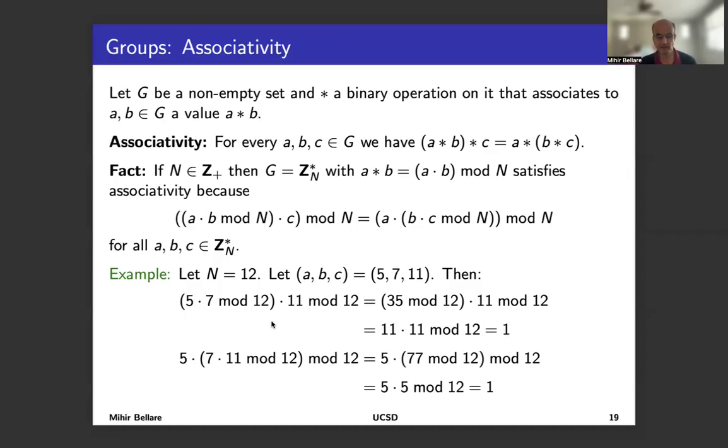If I do it the other way, I start with 7 and 11 and multiply those mod 12. And now I get 77. 77 mod 12 is 5. Then I pull in this 5, and I get 25 mod 12, which is 1. And what associativity is saying is, look, they're the same, but notice that the computation wasn't.